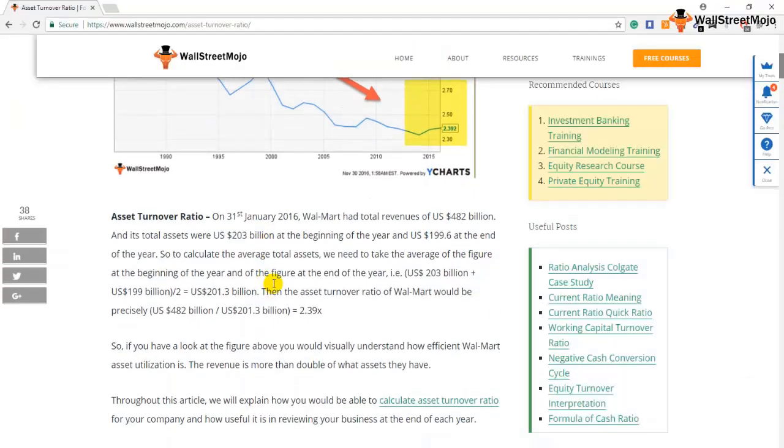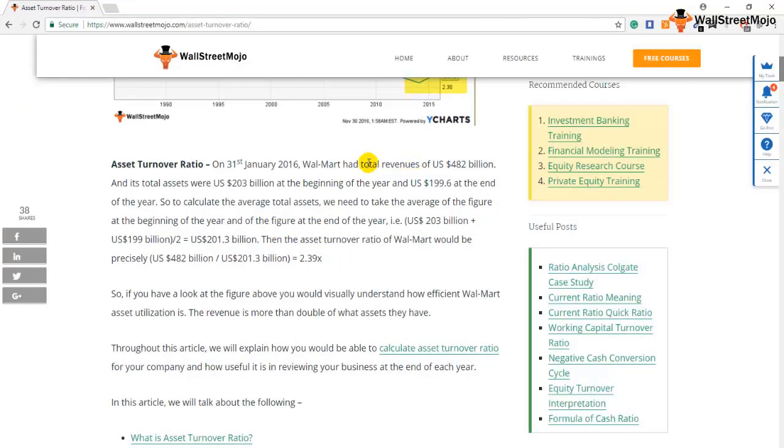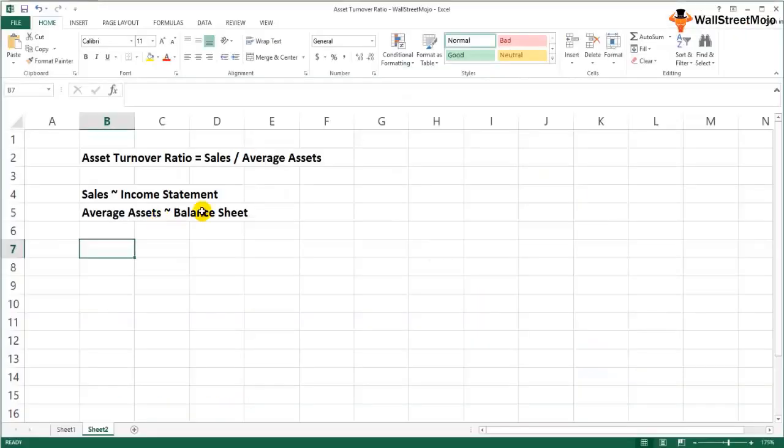Walmart has a total revenue of $482 billion. So sales of Walmart is $482 billion, and I'm just writing this as 482.